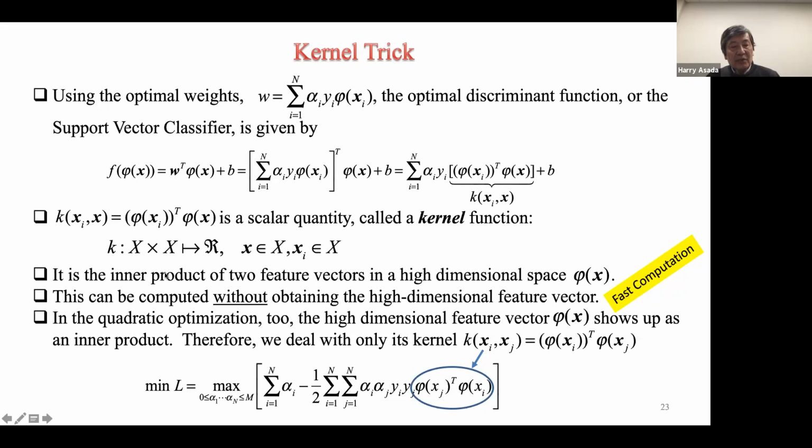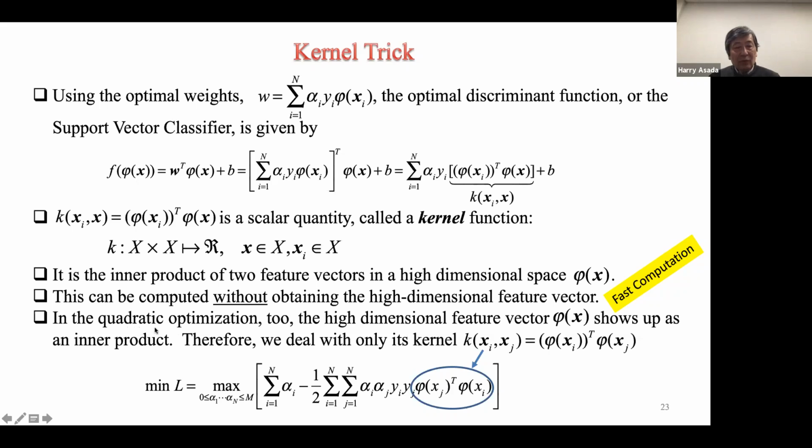Now this can be computed without obtaining the high dimensional feature vector. What this means is that all you care about is the value of this kernel function, and as long as you can evaluate it as a function of xi and x, that's all set. You don't need to go back to phi. If you deal with only x and xi, which are lower dimensional vectors, computation may be expedited quite significantly.